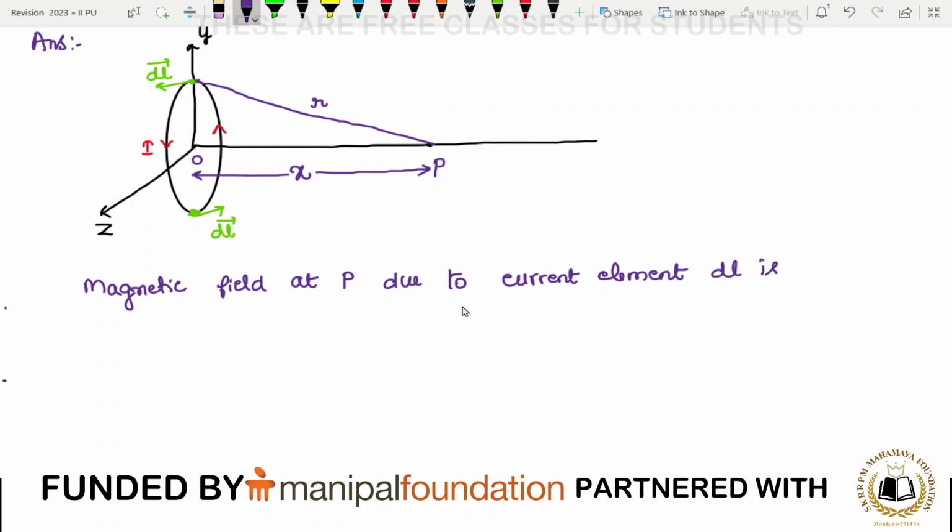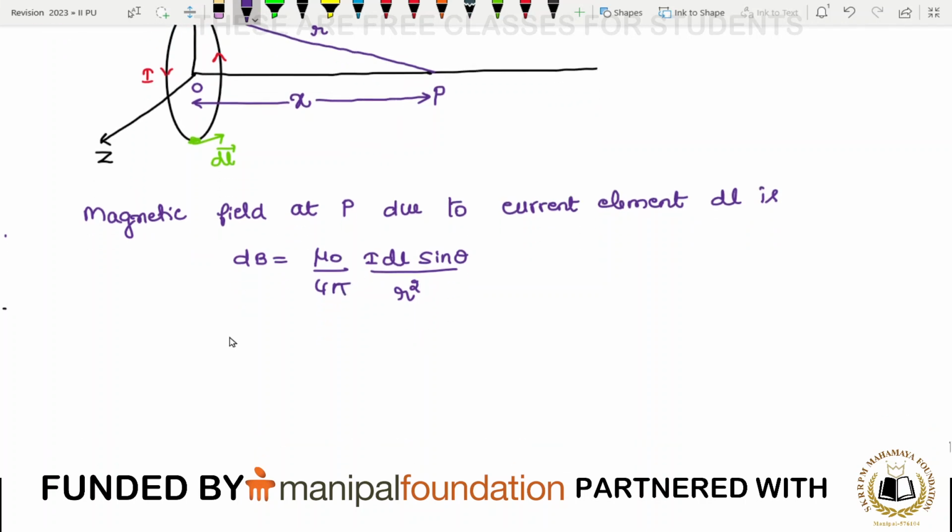That is dB equal to, applying the Biot-Savart law, mu naught by 4 pi I dl sin theta divided by r square. This is the Biot-Savart law. So magnetic field at this point due to this dl is mu naught by 4 pi I dl sin theta by r square. Now what is the value of theta here?